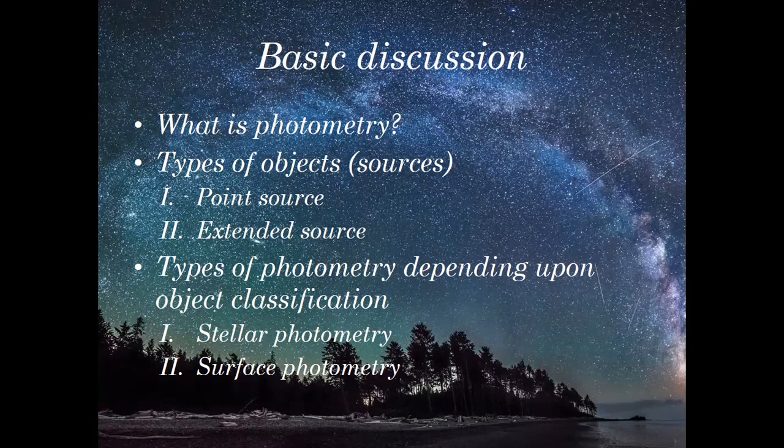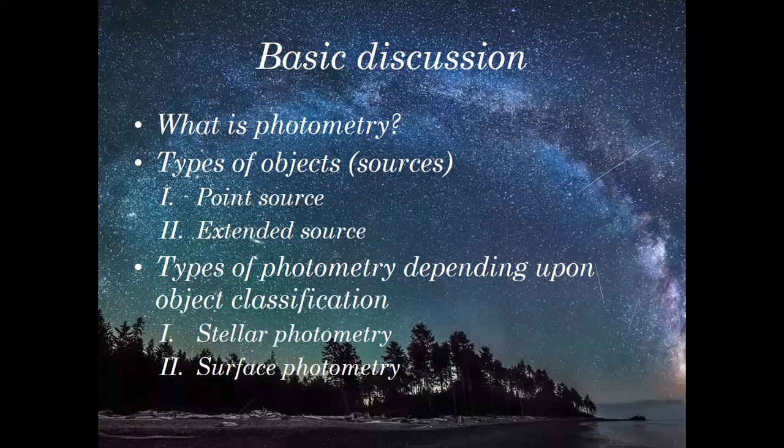Now secondly, we see what types of objects we see in the night sky. Basically there can be two kinds of objects. We're talking about the stellar sources themselves. They can be point sources, like the stars in the night sky that appear to be points. Am I right or wrong?